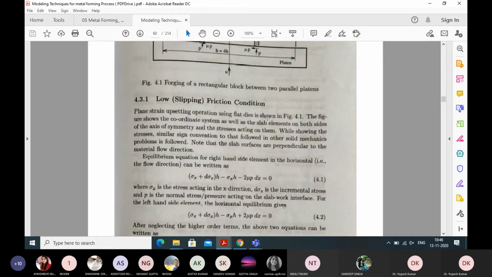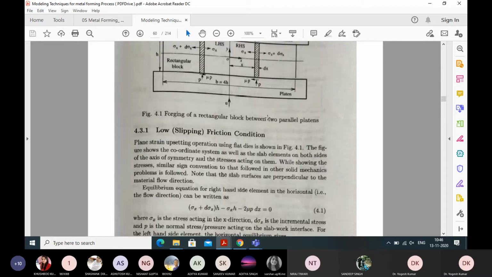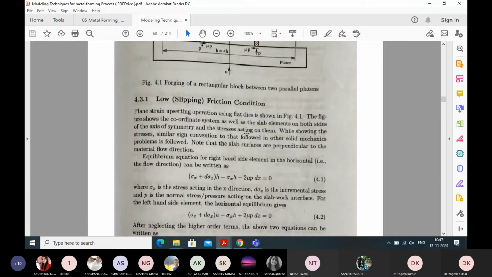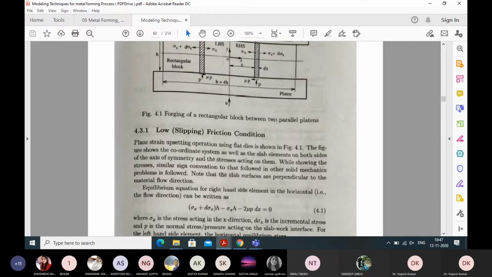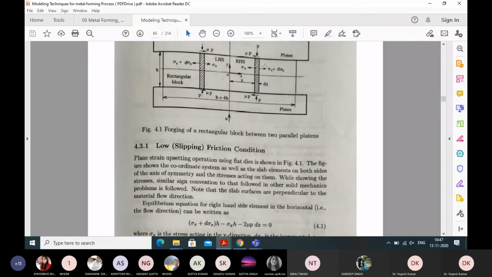Okay, so now we will come to the force equilibrium. Here you can see the equilibrium equation has been written. We are considering the right hand side.